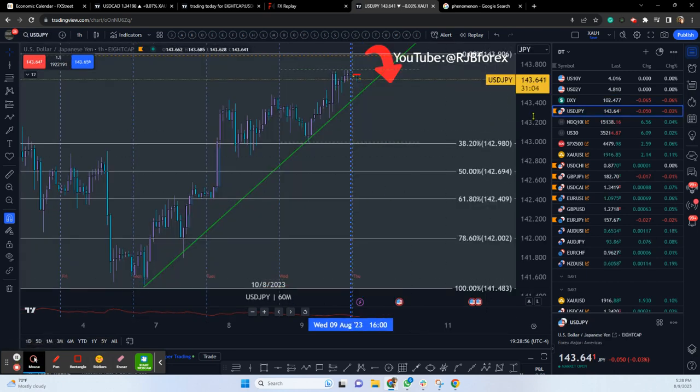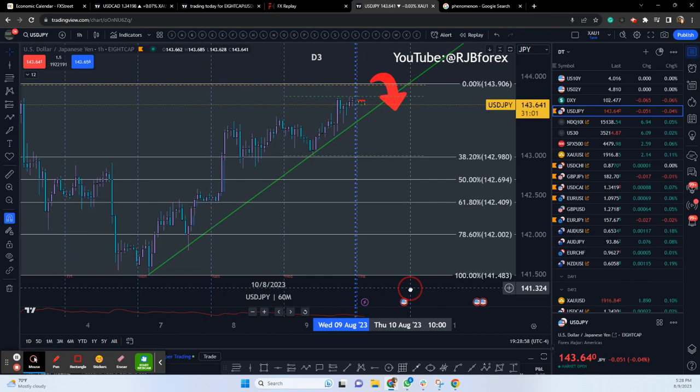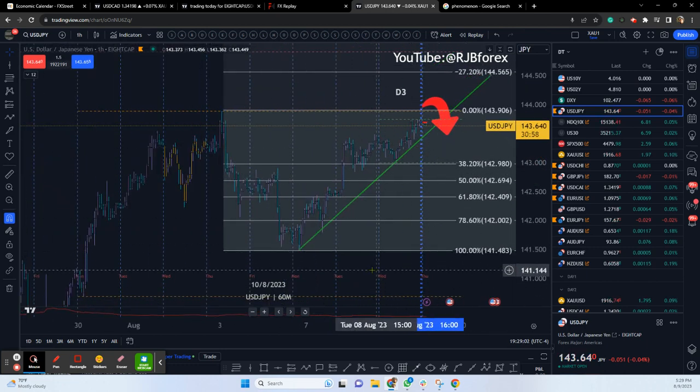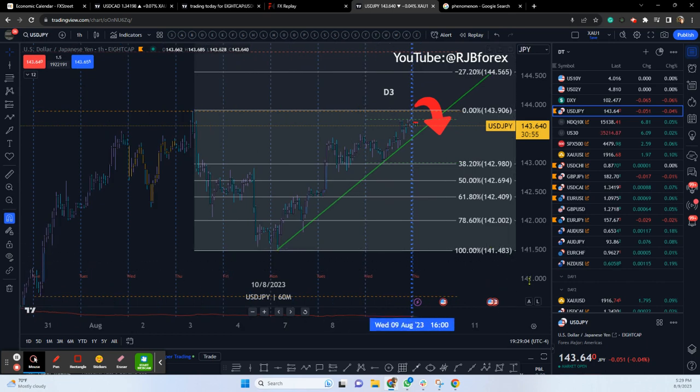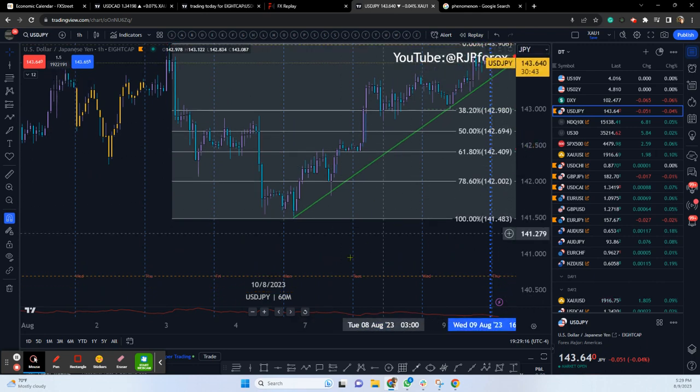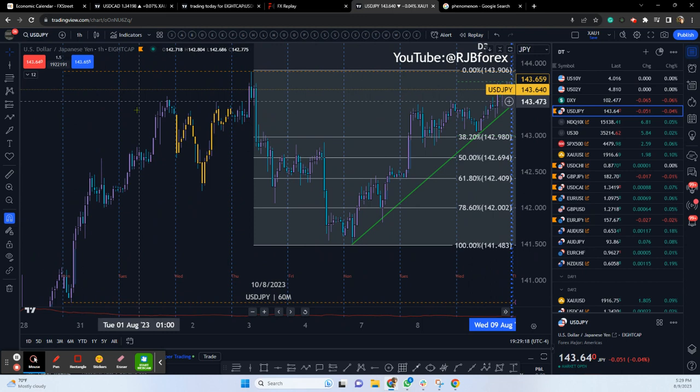So here we are on the dollar yen chart. And let's do the day count on this dollar yen chart. This was day 1, day 2, day 3.